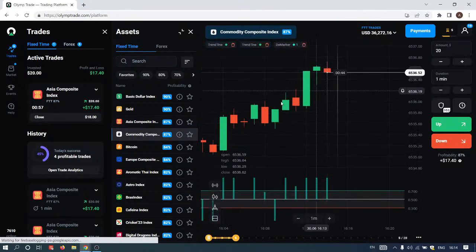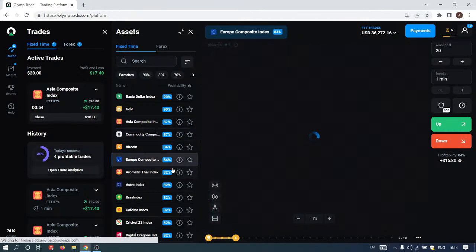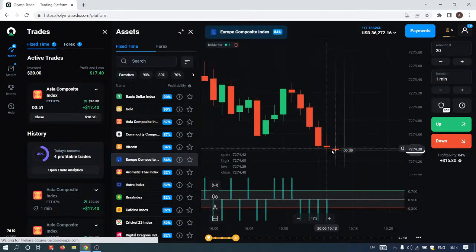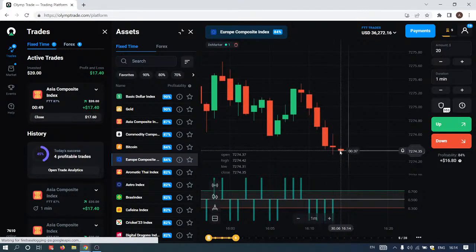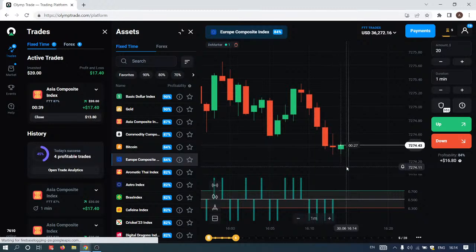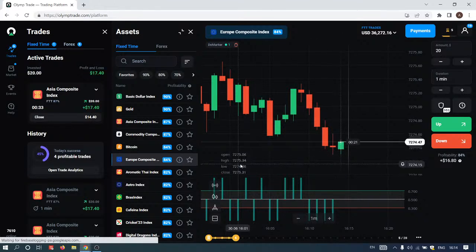Now let's go to, what else haven't we tried? Okay, we haven't tried Euro Composite Index. Okay, and we are already 25 seconds into this current candlestick, and still so far we don't see any new dash here. That's pretty much normal. It does happen from time to time that you have no corresponding dash to a candlestick. That is absolutely normal.